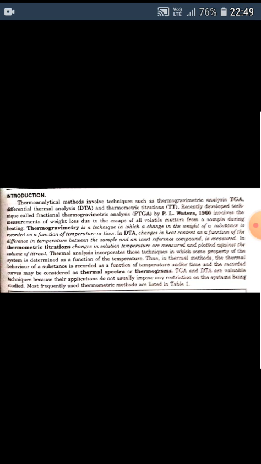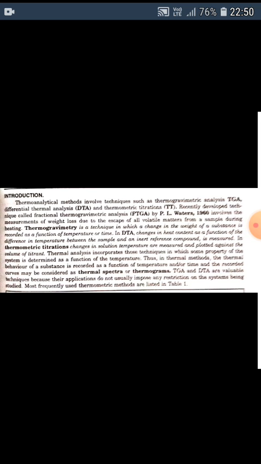Thermogravimetric analysis and differential thermal analysis are valuable techniques because their applications do not impose any restrictions on the systems being studied.